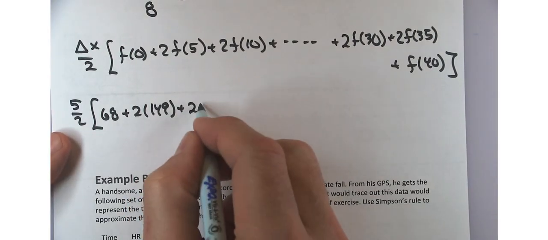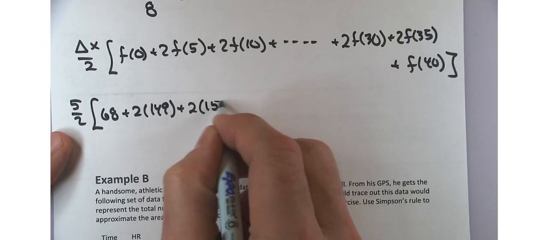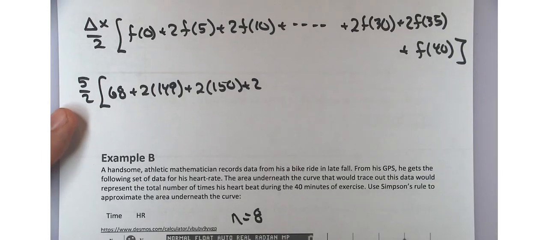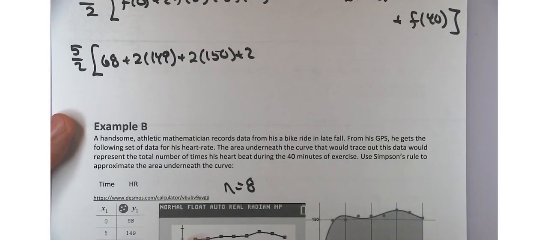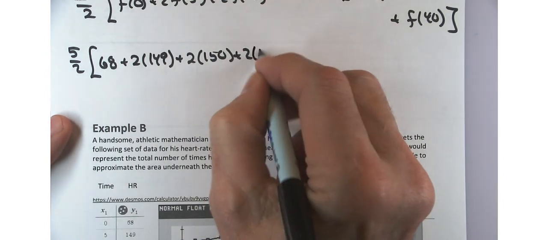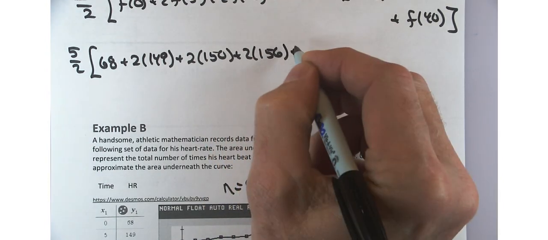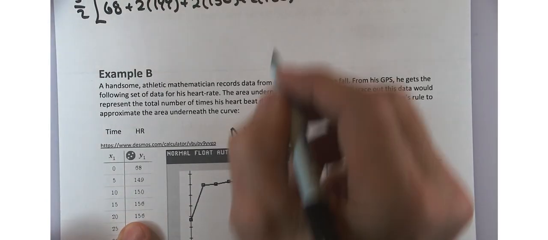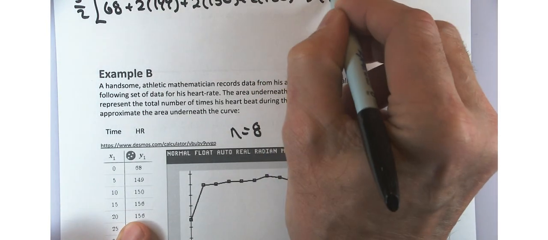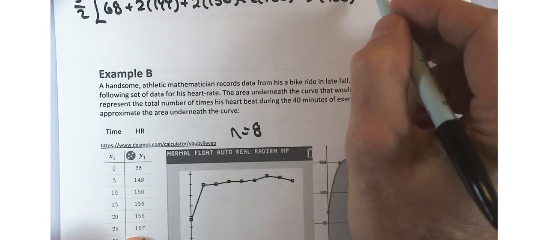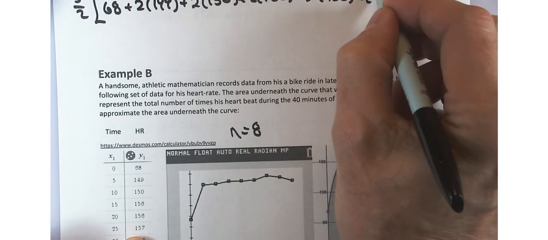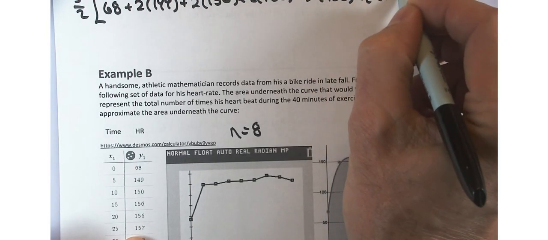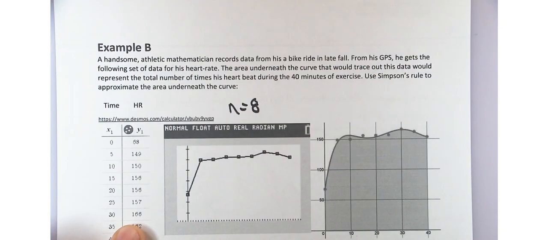So 2 times 150 plus 2 times 156. 2 times 156 again. 2 times 157. 2 times 166.